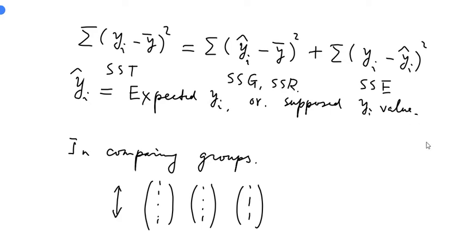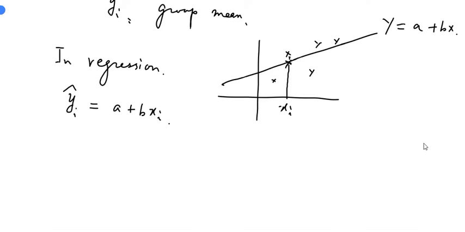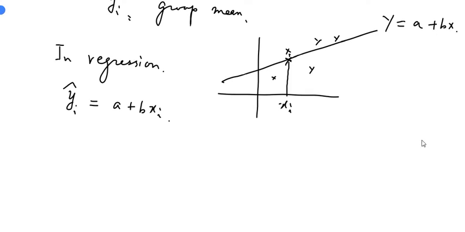Okay, so how can we determine whether our assumption is true, or whether the L term, yi minus yi hat, is very small, quite close? So we use this F value. F value is equal to SSR or SSG over SSE.